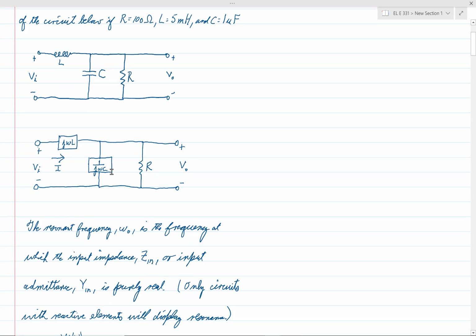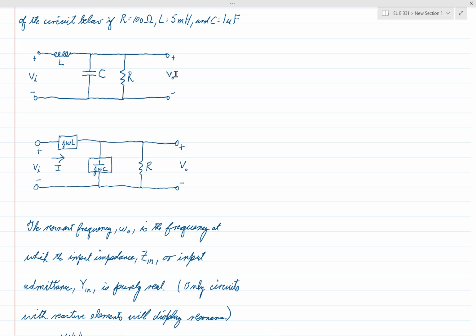If omega is equal to 0, that's the DC case, and at DC, the inductor looks like a short circuit, and so this entire voltage VI falls across here, and so VO is indeed equal to VI. So it certainly makes sense that when omega is equal to 0, the transfer function is 1.